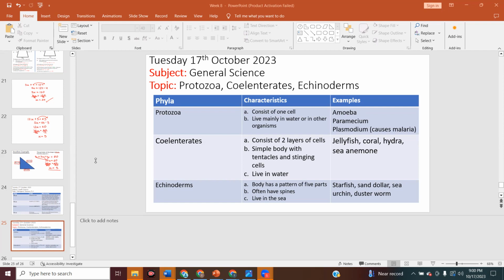And Michael, give me an example of an echinoderm. A starfish. A starfish. Very good. And Korai, give me an example of a protozoa.